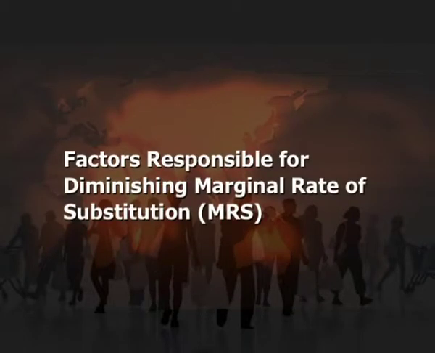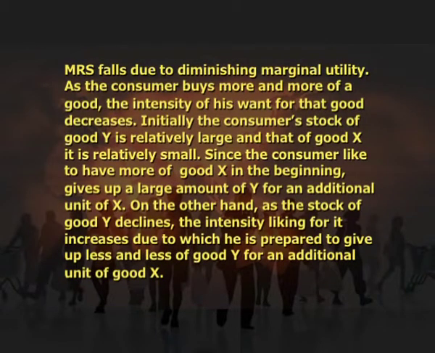Now, let us discuss certain factors responsible for diminishing marginal rate of substitution, that is MRS. First is, MRS falls due to diminishing marginal utility. As the consumer buys more and more of a good, the intensity of his want for that good decreases. Initially, the consumer's stock of good Y is relatively large and that of good X is relatively small.